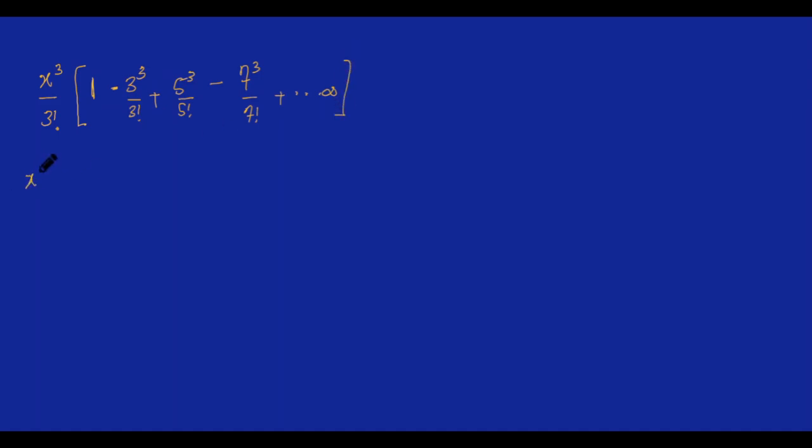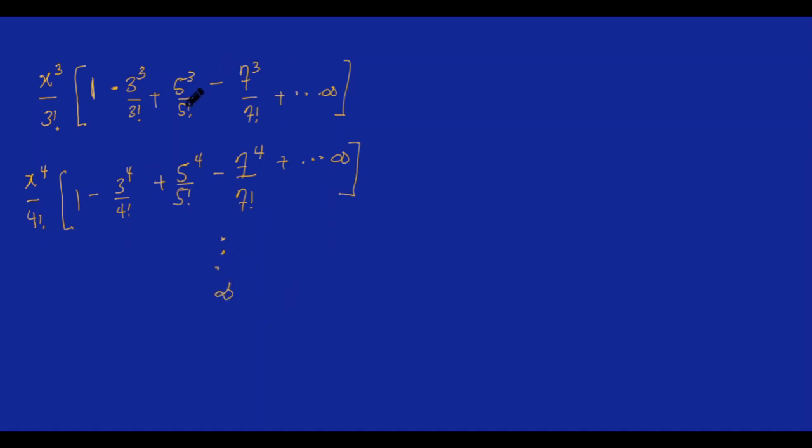For x raised to the power of 4, the same thing follows: 1 minus 3 raised to the power of 4 divided by 4 factorial plus 5 raised to the power of 4 divided by 5 factorial minus 7 raised to the power of 4 divided by 7 factorial plus the rest of the terms. So this continues on and on till infinity.